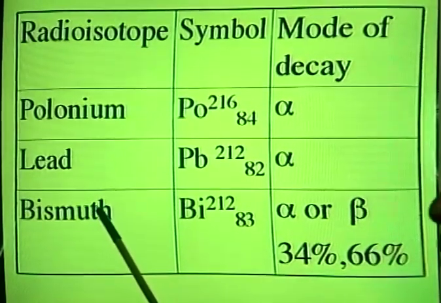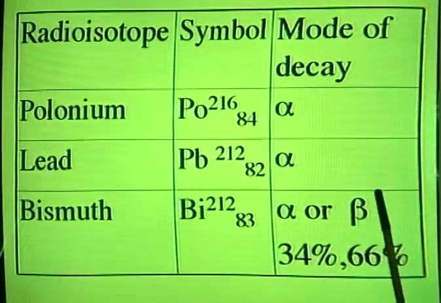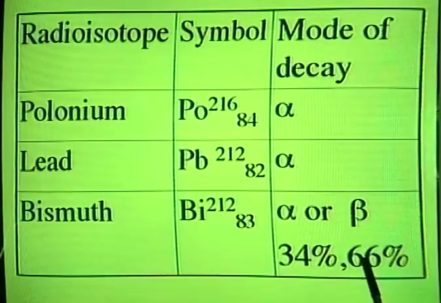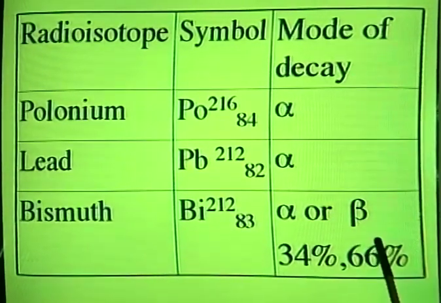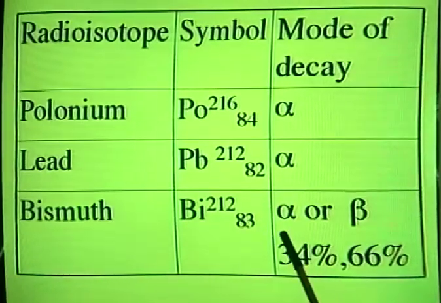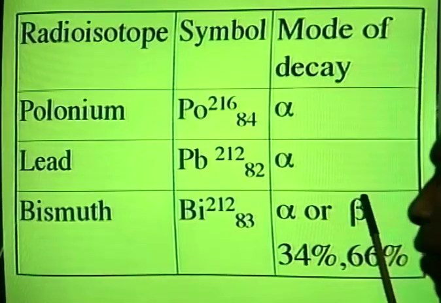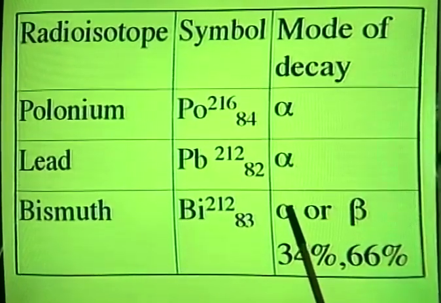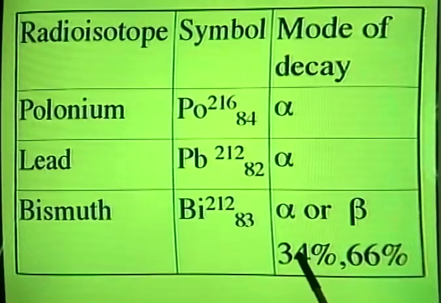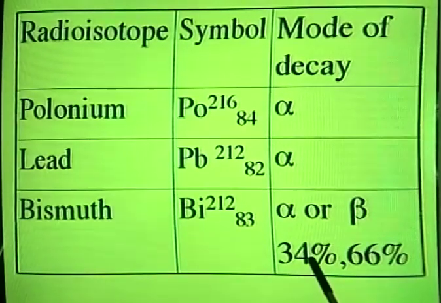So from this mode, this one will be 66, so it goes to the next radioisotope, and this one, so it breaks up here. One has to go this way, and then you have another one which is alpha having 34%.